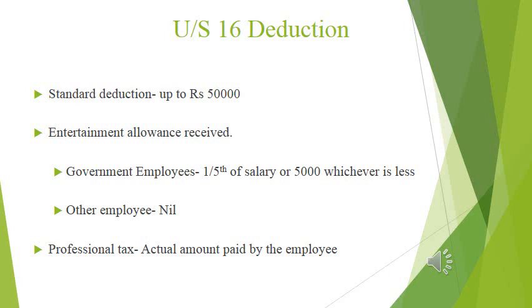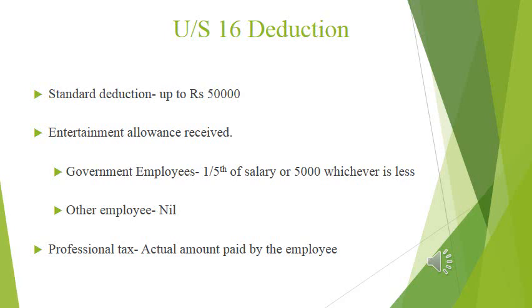There are different provisions or rules applicable to these different types of employees. Suppose entertainment allowance is received by a government employee. The deduction allowable to the government employee is 1/5 of the salary, or 20% of salary, or maximum 5,000, whichever is less, can be claimed as deduction.